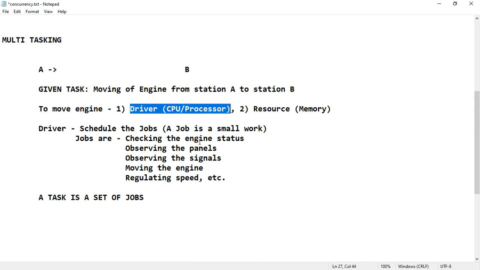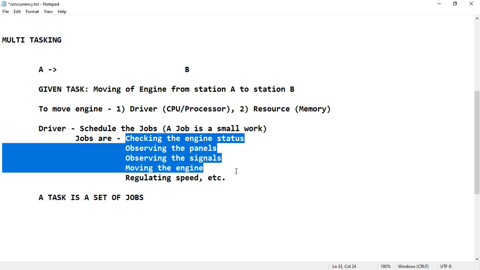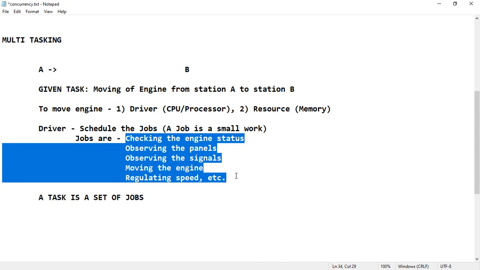Just to recall the operating systems concept, there you have seen CPU scheduling algorithms, that is first come first serve, round robin. You might have studied these kinds of algorithms in operating systems. That means with CPU scheduling, the CPU chooses which job to execute based upon the algorithm it implements.